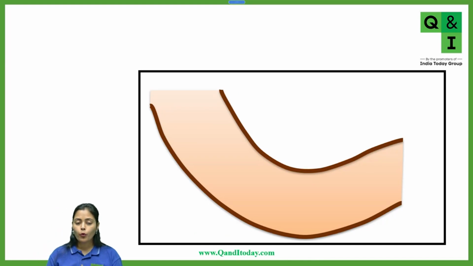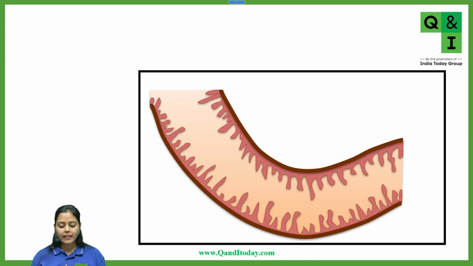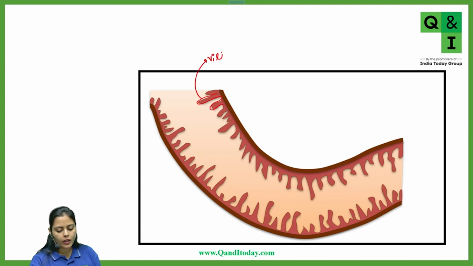Once the food enters into the lower parts of the small intestine, you see that in small intestine, you have several finger-like projections present. These finger-like projections are called villi.